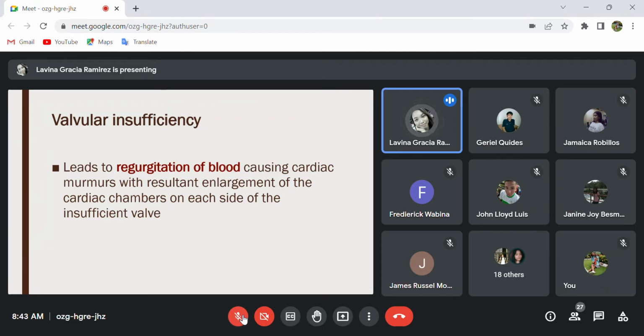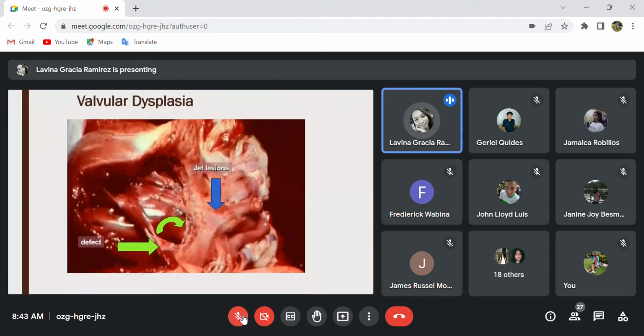Another is that the valves become dysplastic. You see the jet lesions, because the turbulence of blood flow is still there.